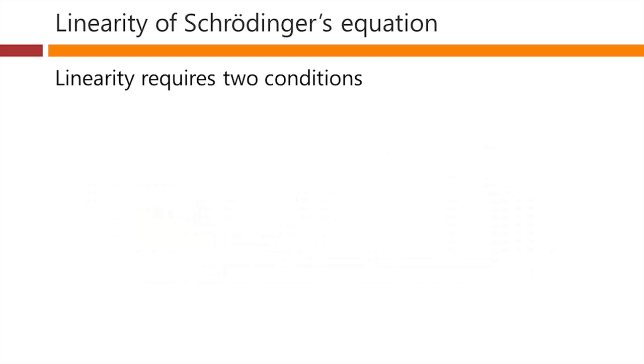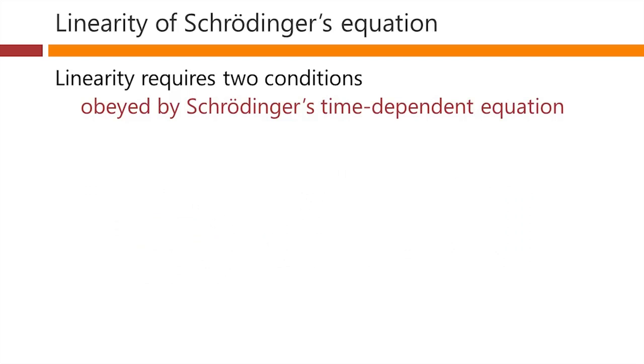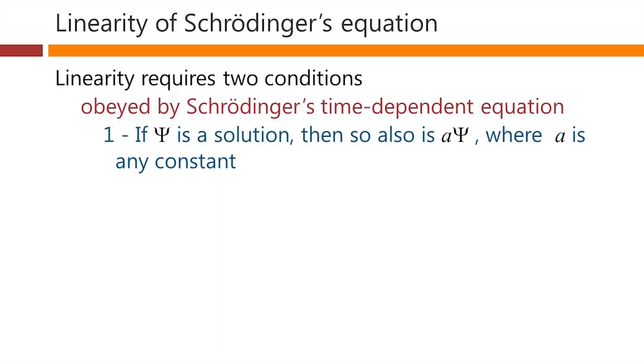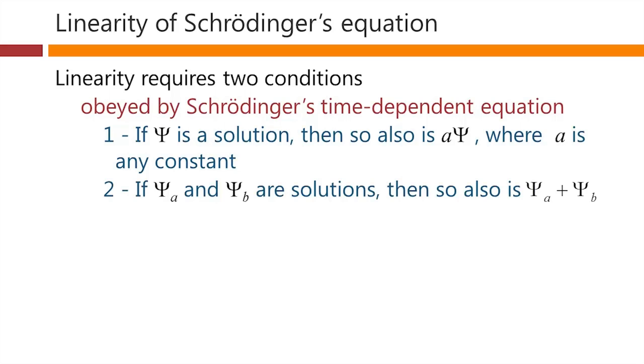Explicitly, linearity requires two conditions, both of which are obeyed by this particular equation, Schrödinger's time-dependent equation. The first condition is that if psi is a solution, then so also is A times psi, where A is any constant, could be real or imaginary or complex. Secondly, if psi A and psi B are both solutions, then so also is the sum of those solutions.